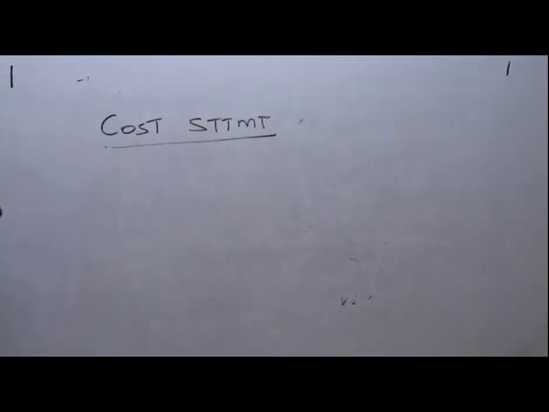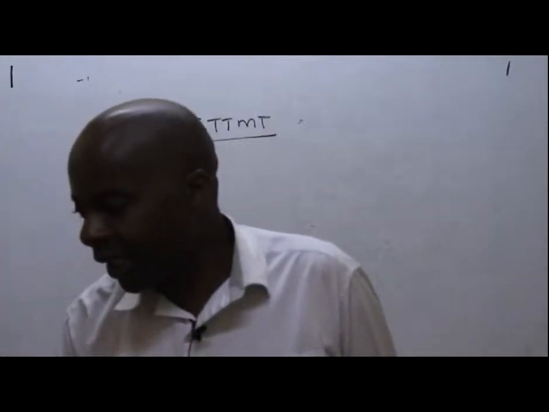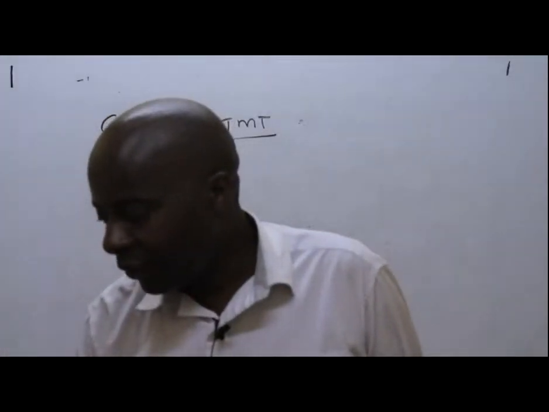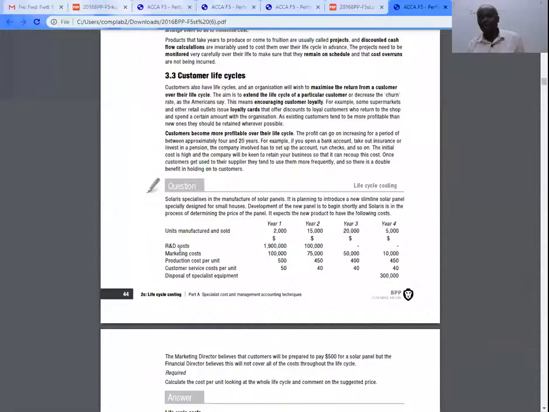So the cost statement, the first thing that I will pick very fast, my great friends, from my question is research and development costs. They have not made any mention of per unit. So for research and development cost, I'll come and add 1.9 million plus 100,000.